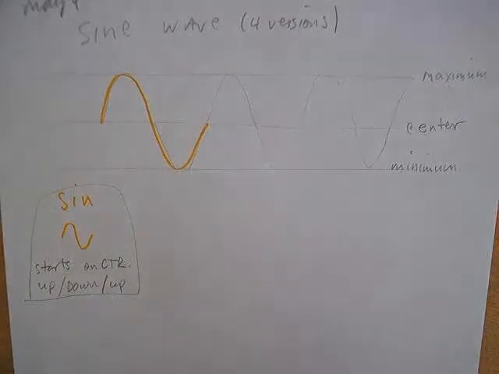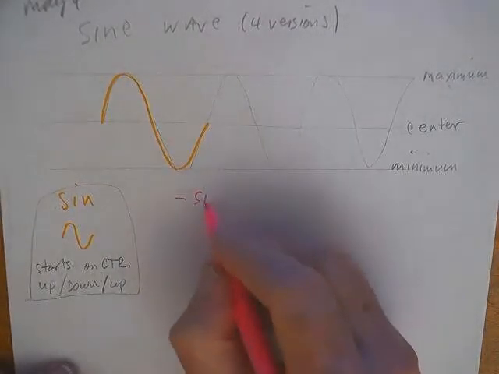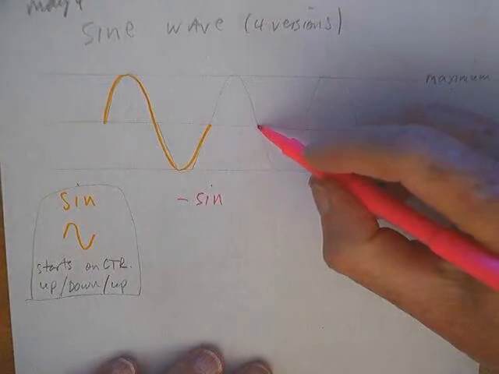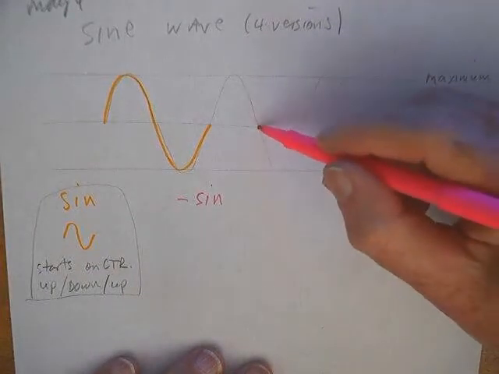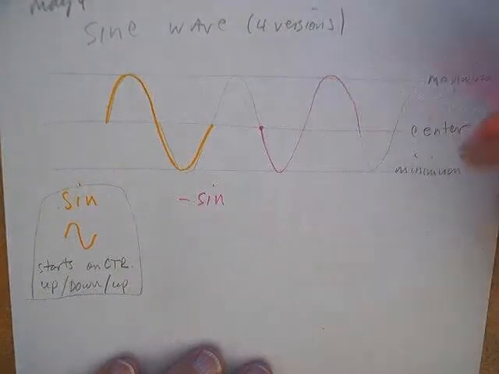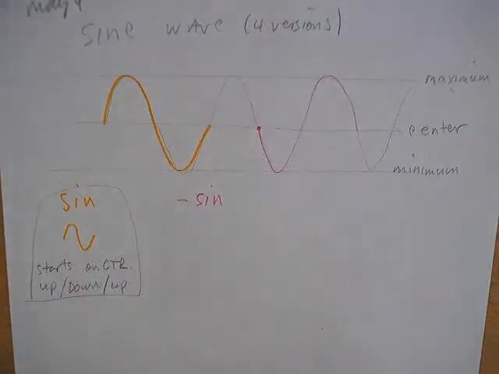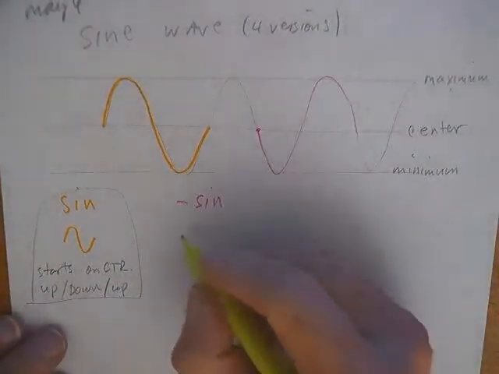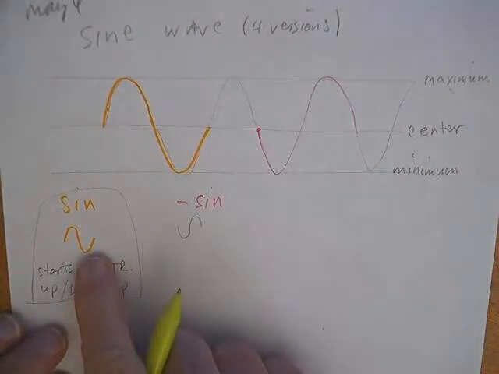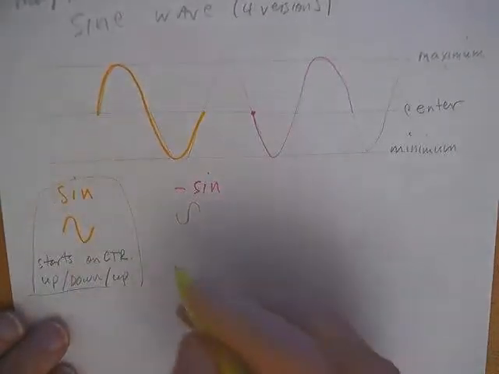That's version 1. Version 2 would be negative sine. I'm going to do it in pink. Okay, so negative sine also starts on the center line, but it goes down. So negative sine is like this. It's just this one flipped over, if you want to think of it that way.